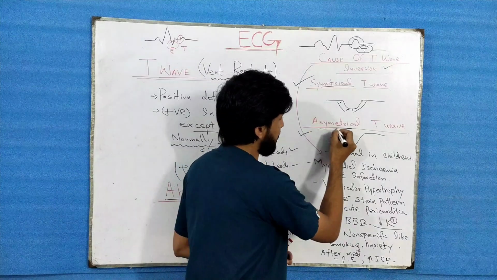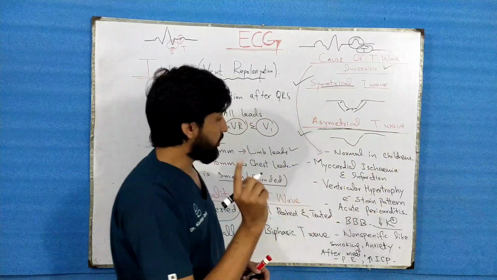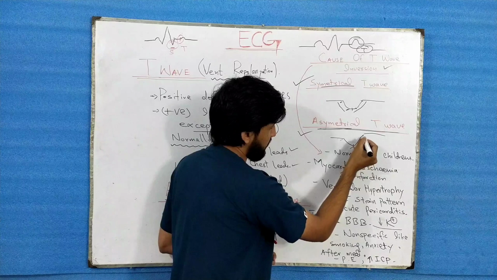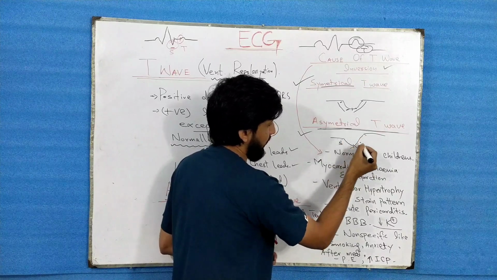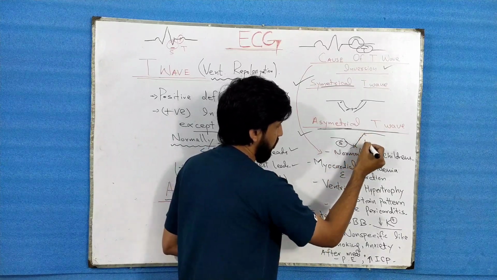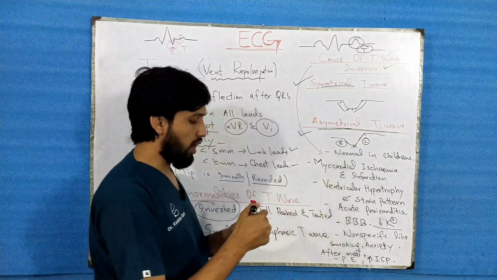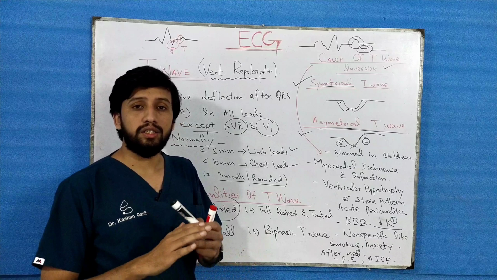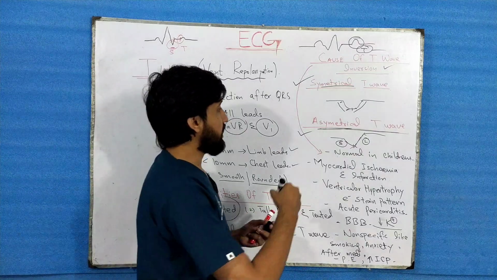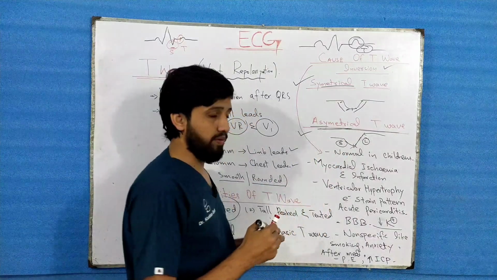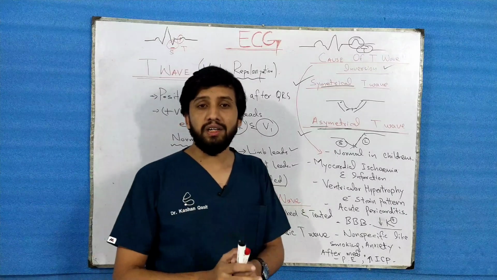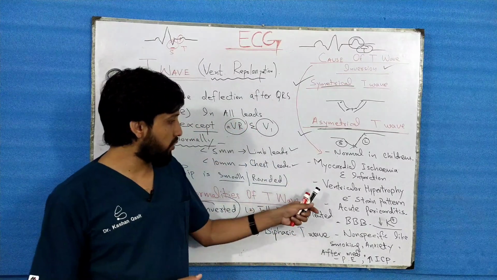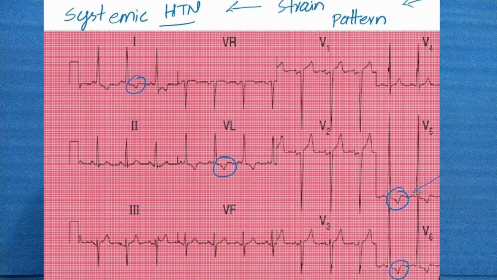In asymmetrical T wave inversion, the first arm is a little short and the second arm is long, so the two arms are not alike. That is why it is called asymmetrical. Asymmetrical T wave inversion is seen in conditions like ventricular hypertrophy with a strain pattern.